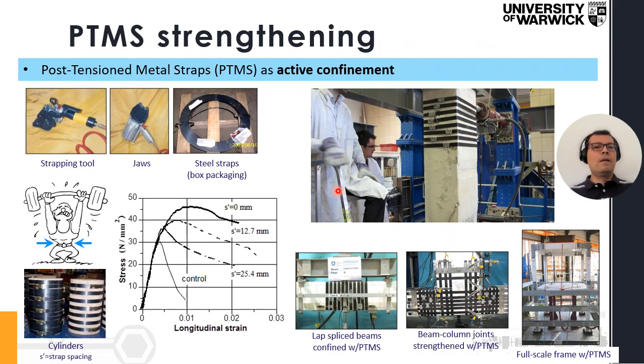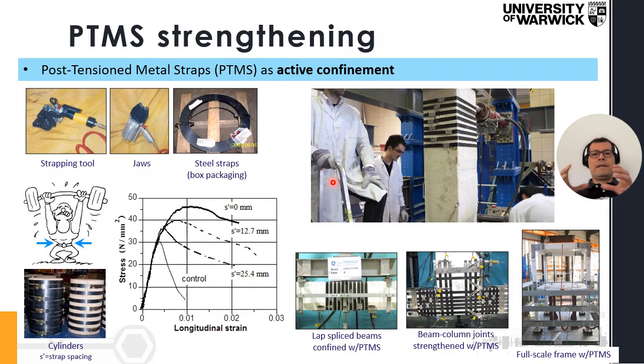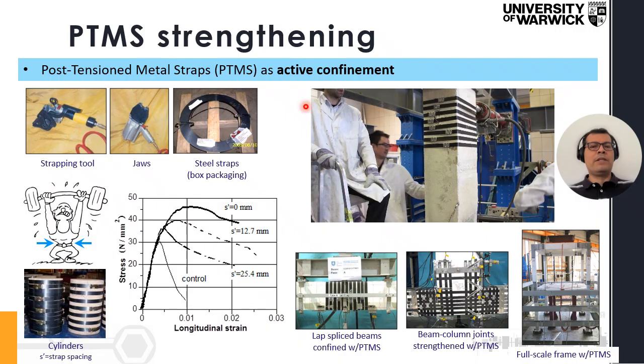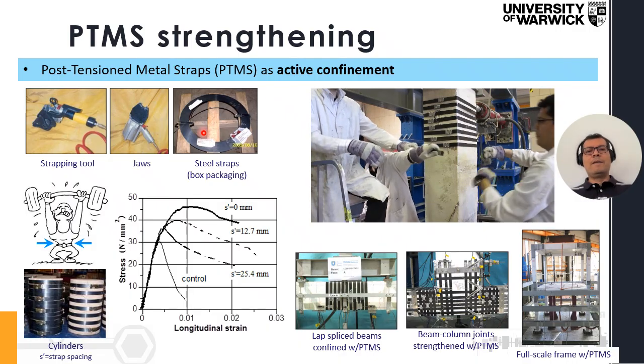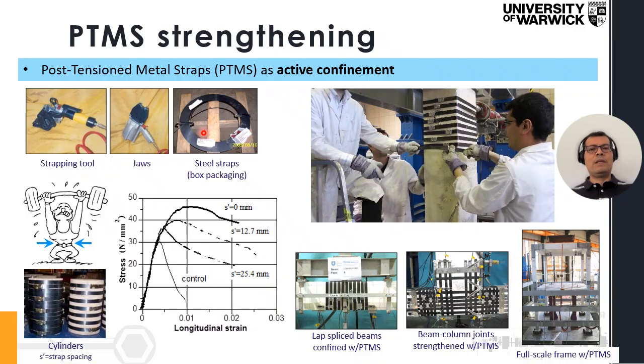One of the techniques we can use to apply active confinement comes from my PhD studies. One of the things we can do is to apply what I call post-tension metal strapping. That's essentially using strapping tools and metal bands, like the ones used for packaging boxes in the packaging industry, to apply bands around concrete.